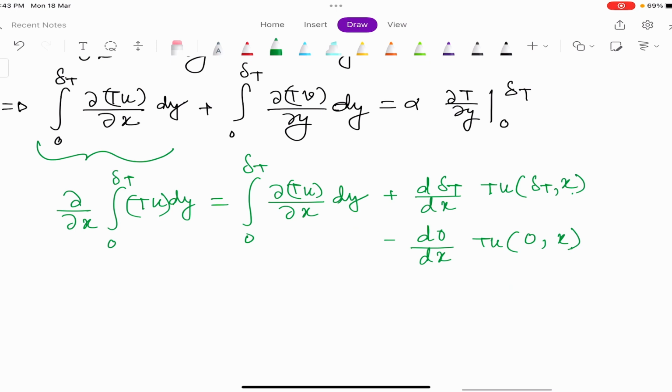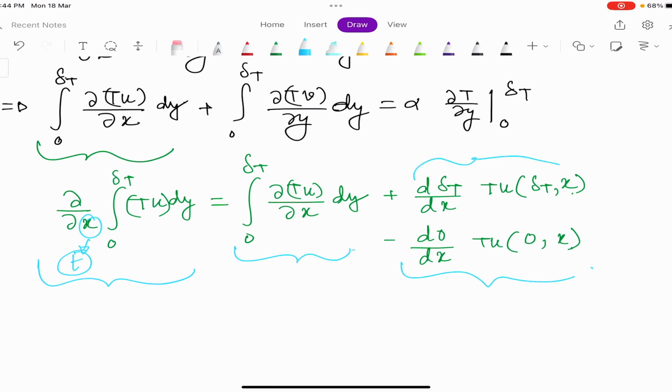If you substitute x by t, it almost becomes the Reynolds transport theorem. This is the global change, this is the change in control volume, this is the outgoing flux, and this is the incoming flux. This way you can remember the Leibniz rule.